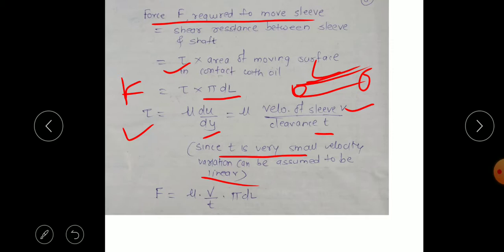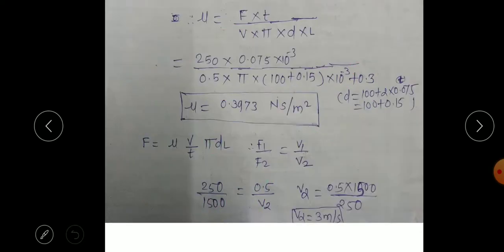So we can change du by dy to v by t. So force is equal to mu v by t into pi d l. In this, force, length, diameter, velocity and thickness are given; the unknown is viscosity. So mu is equal to F t upon v pi d l.